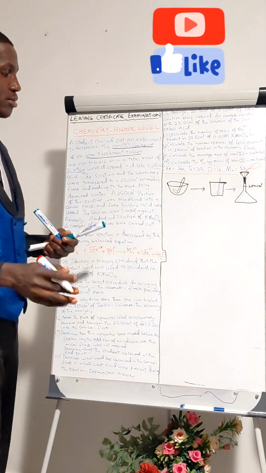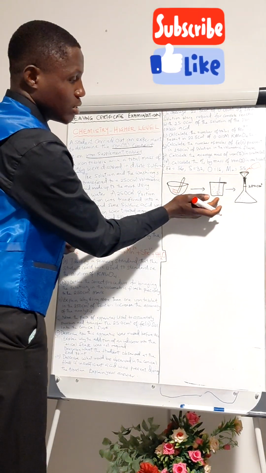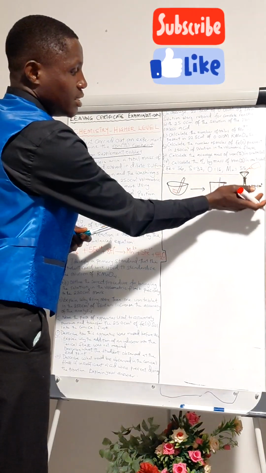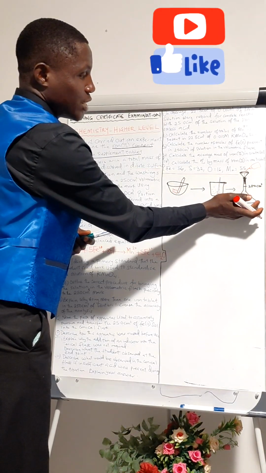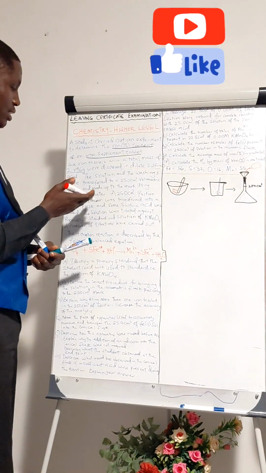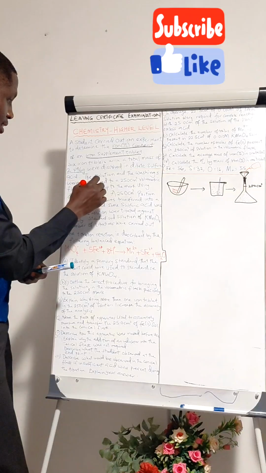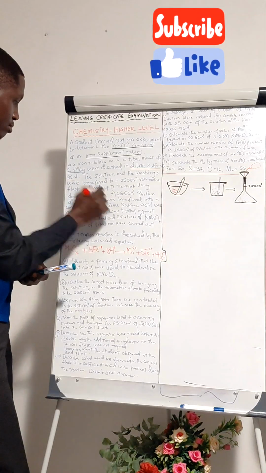So there was grinding, there was dissolution in H2SO4, and then making up with the deionized water to get 250 cm³. This is the process of producing the solution at the first stage.